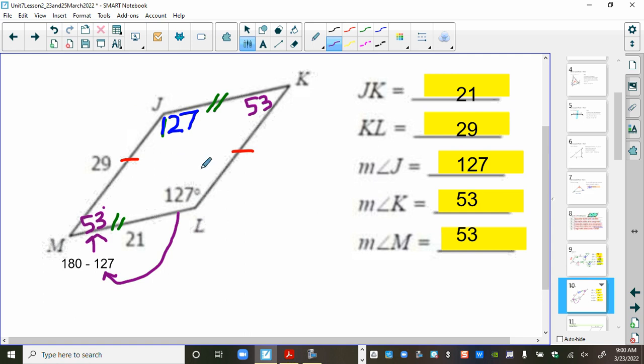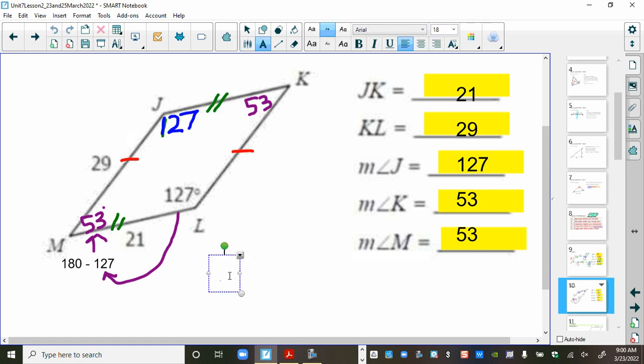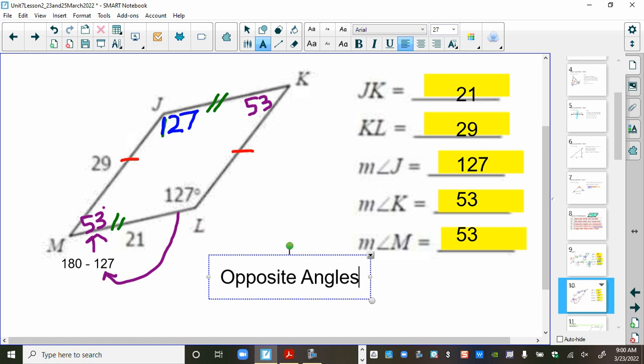Remember, opposites are congruent. Consecutives add up to 180. So if you need to write that down somewhere, opposite angles are congruent.